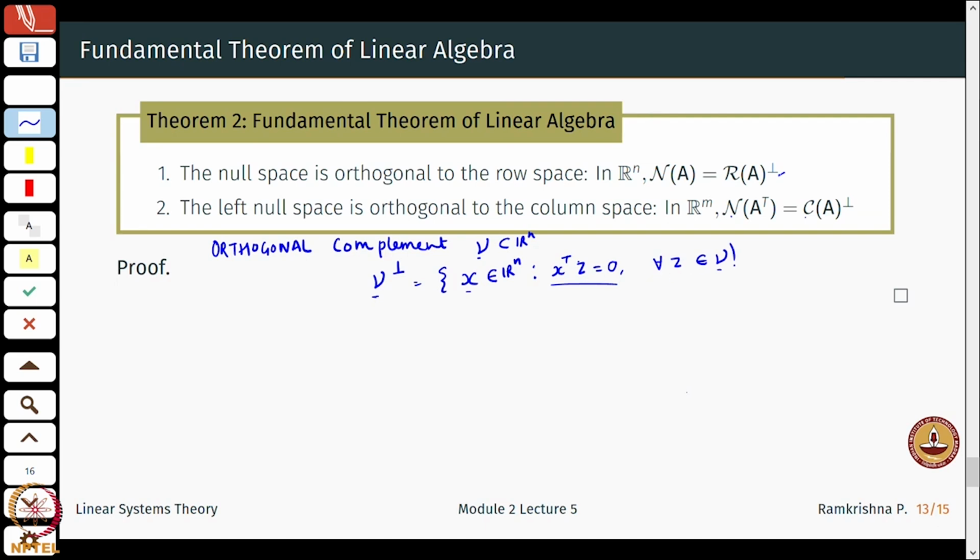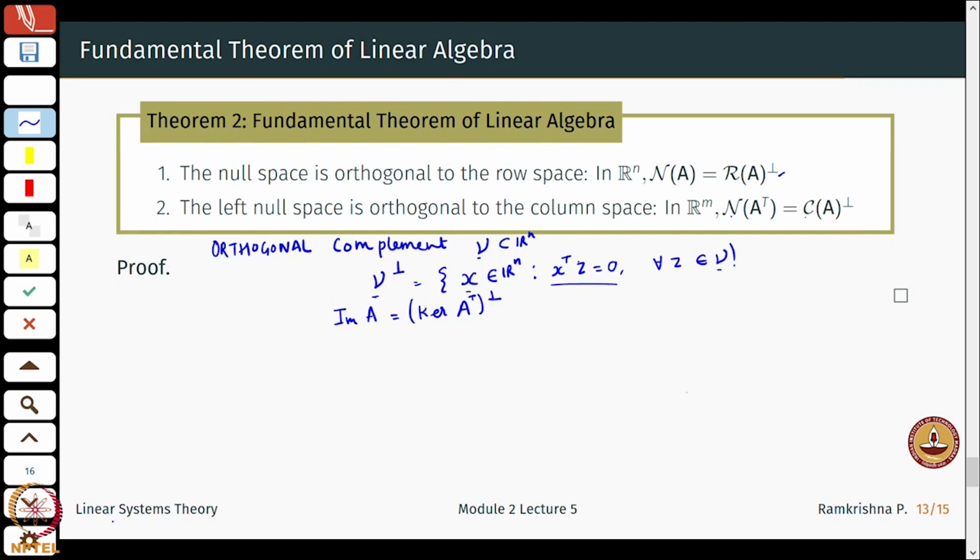Okay, now let us see the proof of this. So, I just write it a little differently. These two statements can be equivalently written as the image of A is the orthogonal complement of the kernel of A transpose.